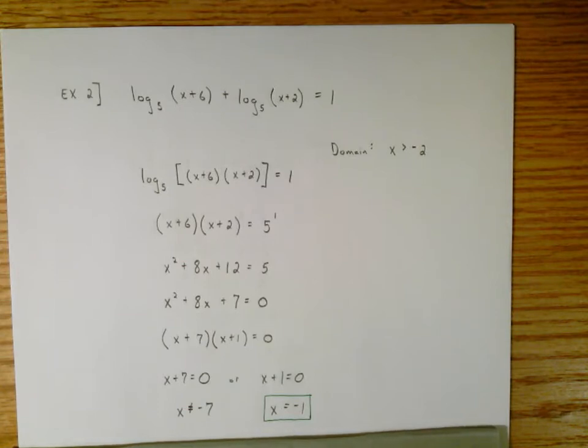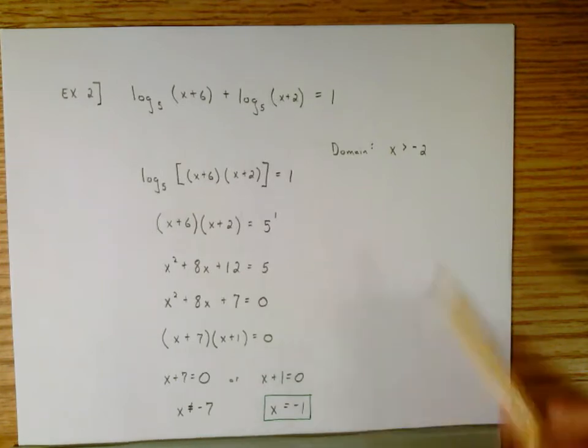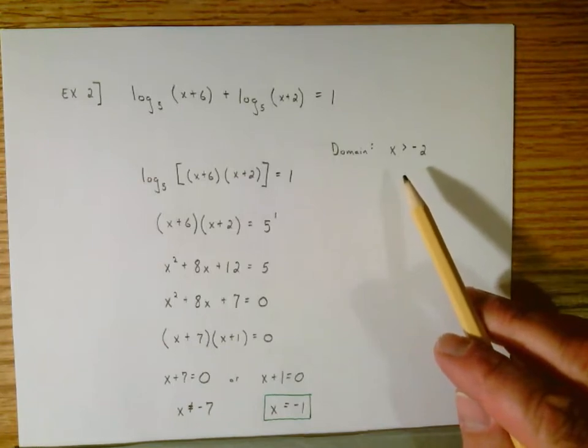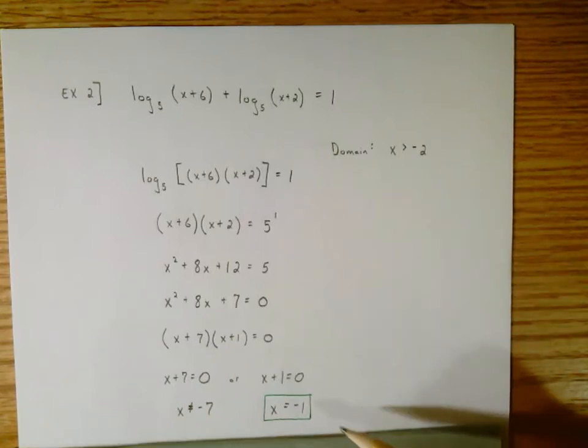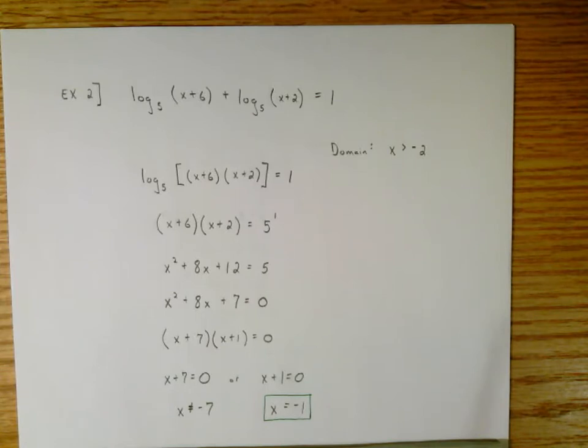Now, why have I crossed out the equal sign on the negative 7? The reason I've crossed out that equal sign is negative 7 is not in the domain. Right? I did not show the check for my solution x equals negative 1, but you should do so and verify that negative 1 is a solution to this equation.